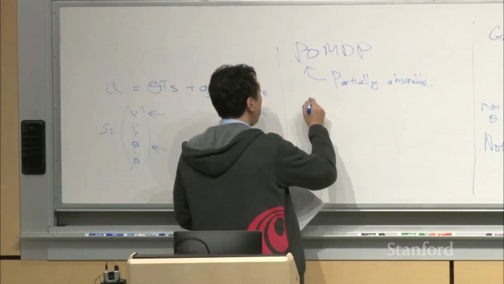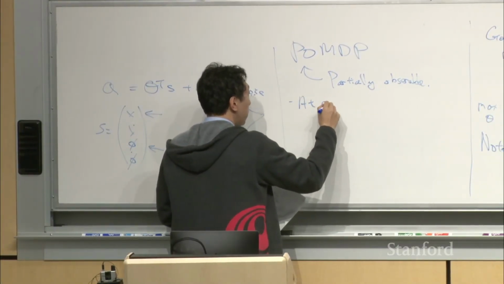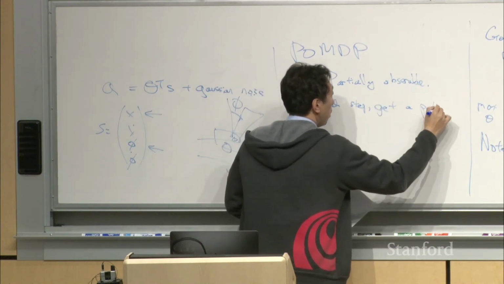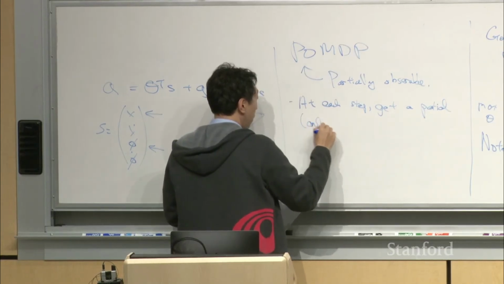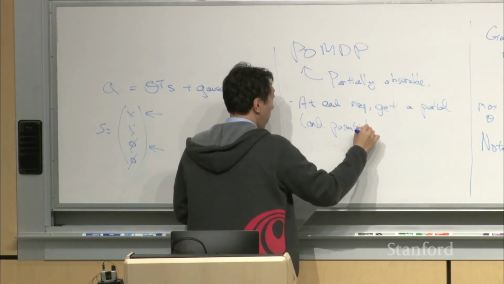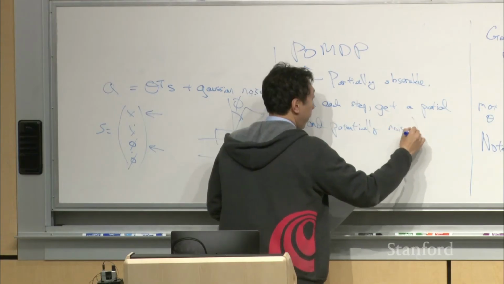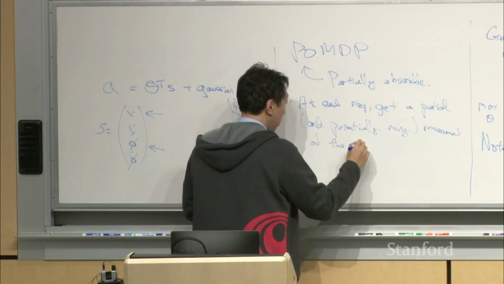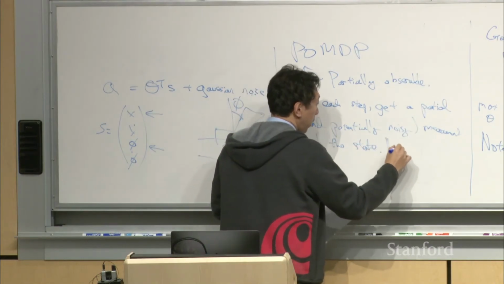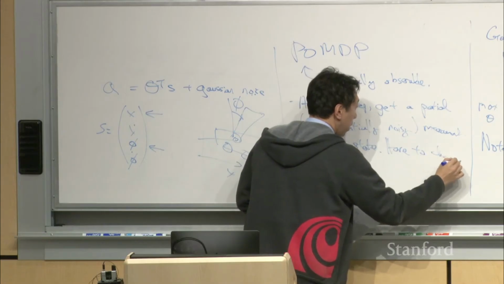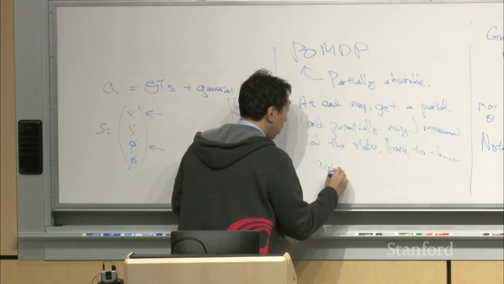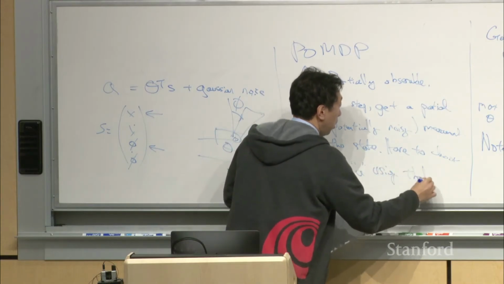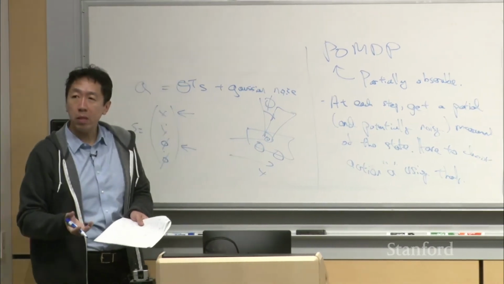So in a partially observable MDP, at each step, you get a partial and potentially noisy measurement of the state, right? And then you have to choose an action A using these partial and potentially noisy measurements, right?